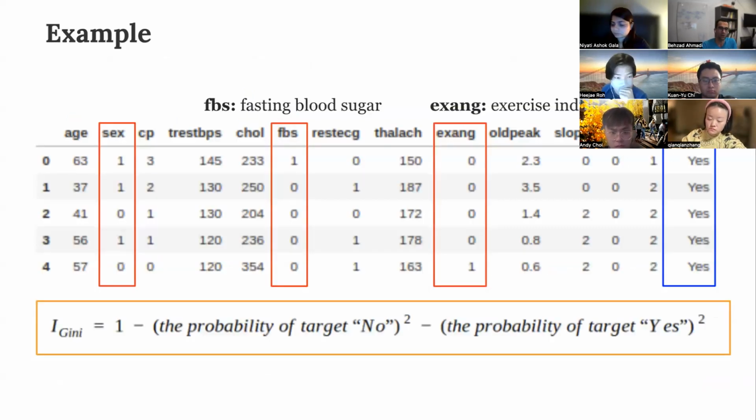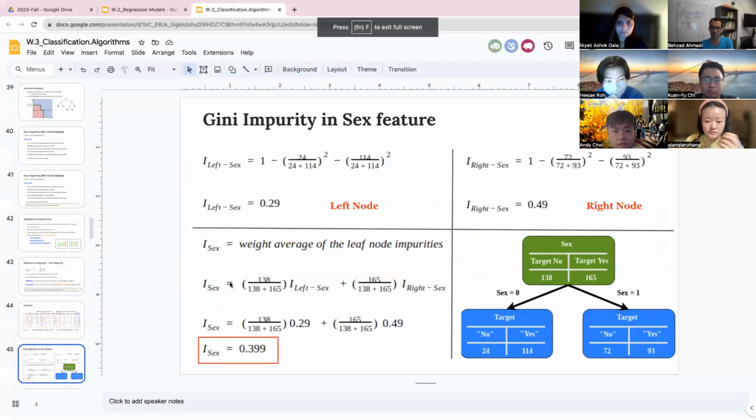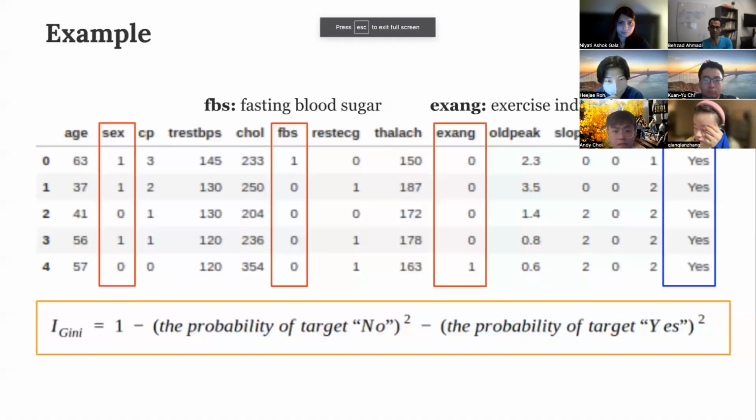So let's say that you are trying to focus on 3 features only. Among all the features, we just pick sex, fasting blood sugar, and exercise-induced angina, exang, to predict whether the target is yes or no. Okay, so it's whether there's a problem or not.